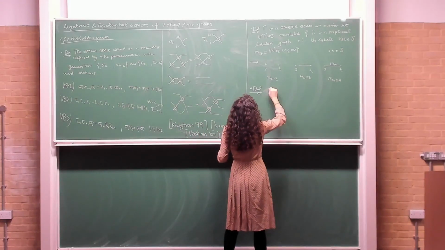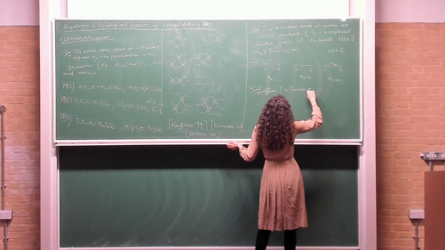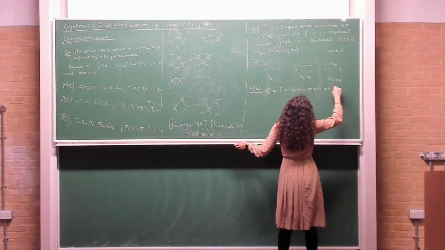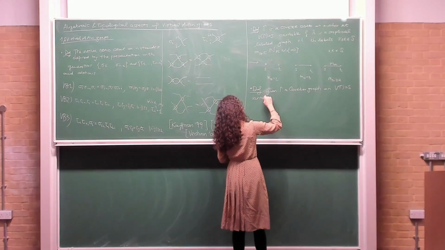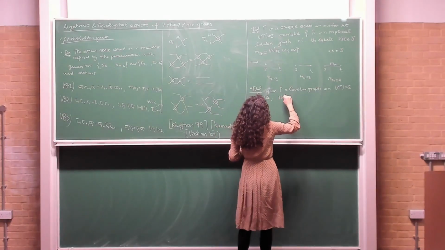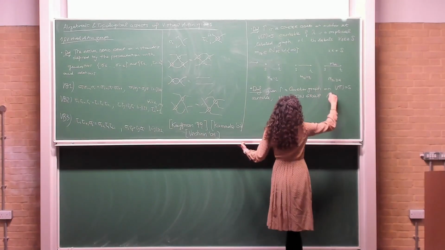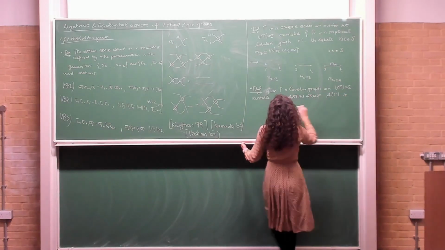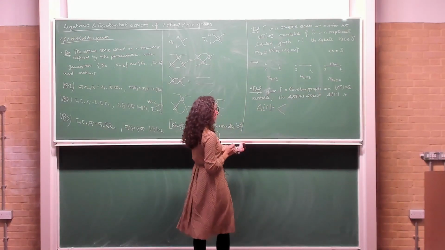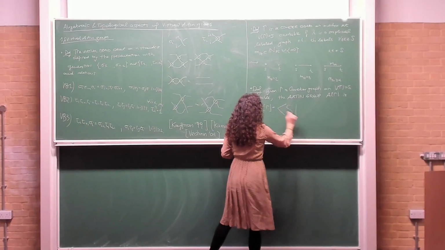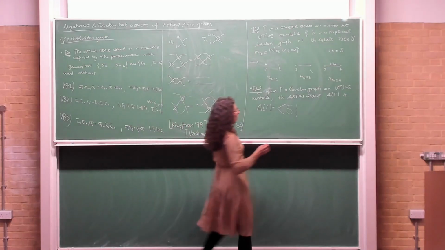So, given gamma a Coxeter graph on a vertex set S, countable, the associated Artin group A_gamma is the group defined as follows. So I give a presentation. The generators of my group are the vertices of my graph. And then I have the following relations.